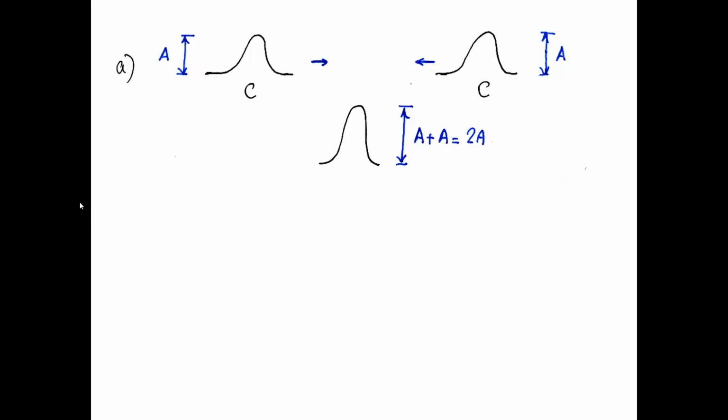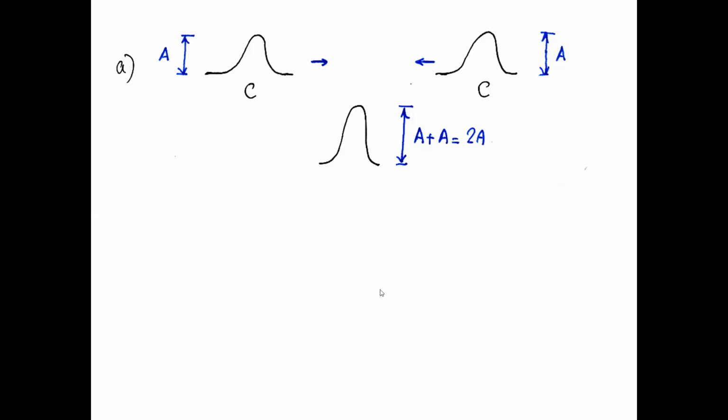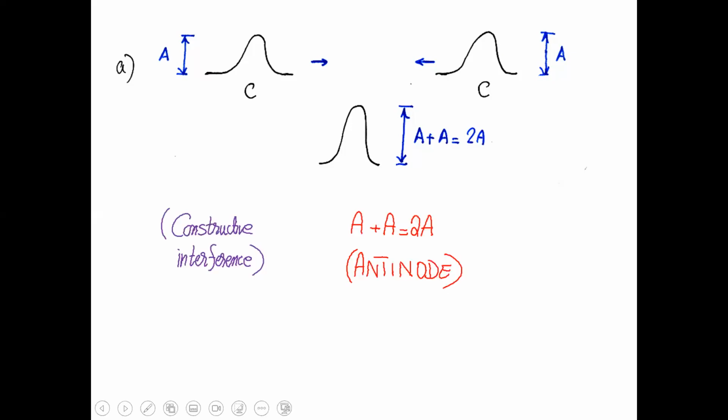Look at this diagram. The two waves meet and they get bigger. This is called constructive interference. The amplitude increases. When they meet constructively, they form an antinode. What is an antinode?